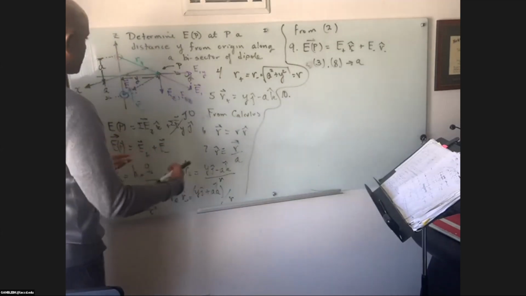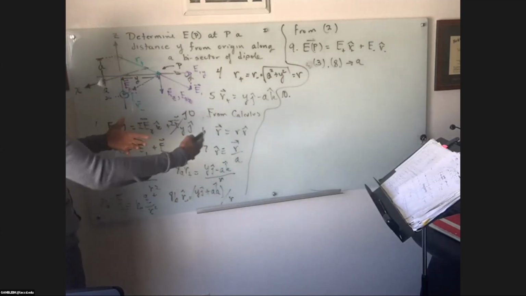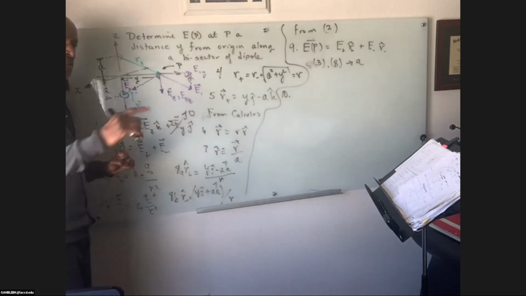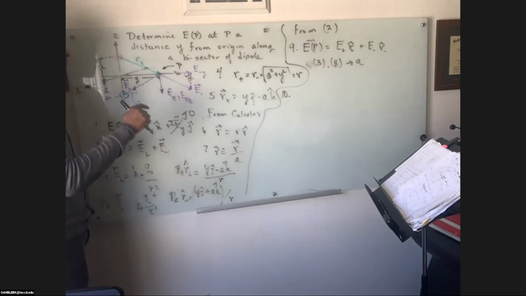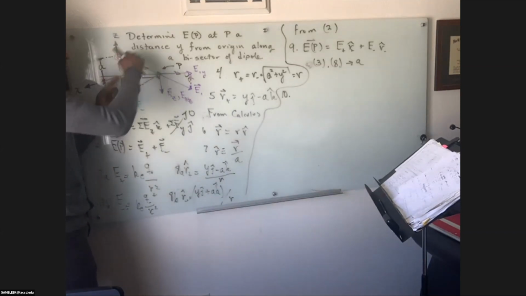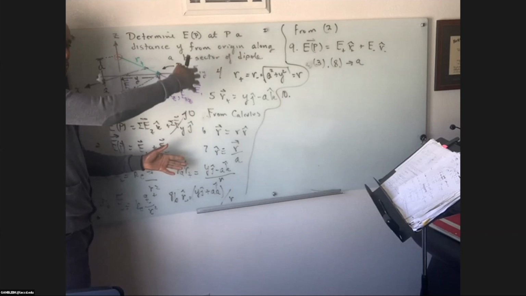The most obvious thing to do it with, based on what I'm ultimately trying to teach you, a line of charge, is to set it up so that I have a discrete charge distribution, a dipole. Remember when we did it before, I set it up so that the electric field I was trying to find was at the origin, and I put the charges out in the other space.